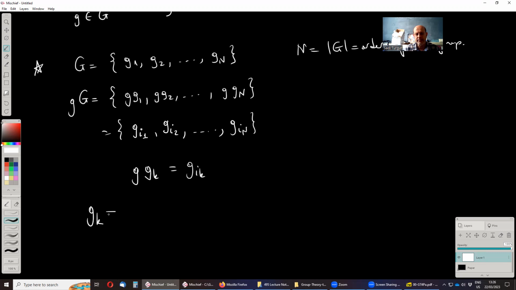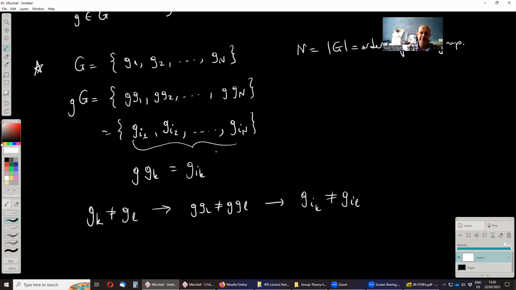If the kth element is different than the lth element, then I know that g times gk is also different than g times gl, which means that the element where the kth element is sent is different than the element where the lth element is sent, right?